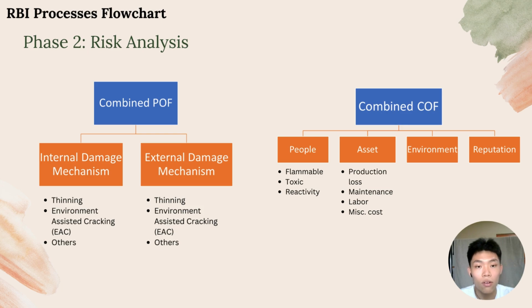Conversely, the COF assessment looks at the impacts of equipment failure on four elements: people, concerned about the safety impacts on workers; asset, concerned about the economic loss; environment, concerned about the environmental damage; and lastly, reputation, concerned about the public image of the company.